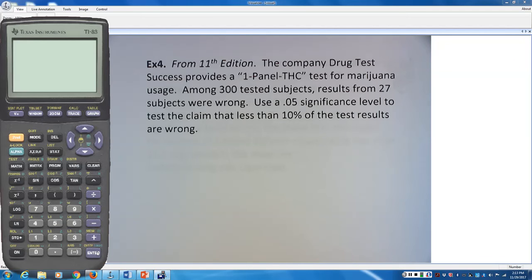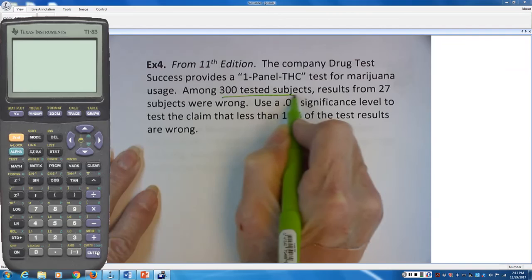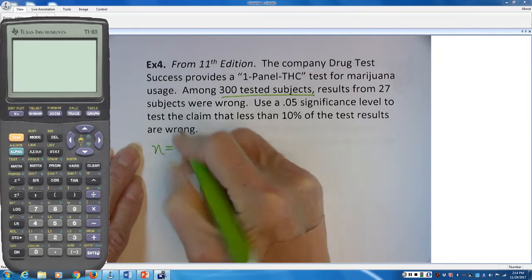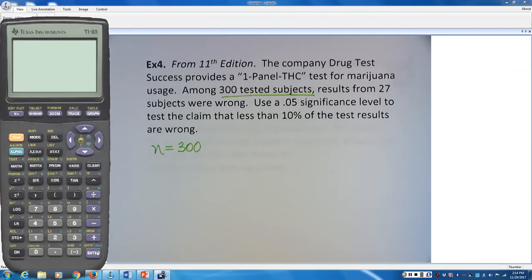What kind of a test is this? Let's see what information we've been given. Among 300 tested subjects, what is that? That's our sample size. Results from 27 subjects were wrong.